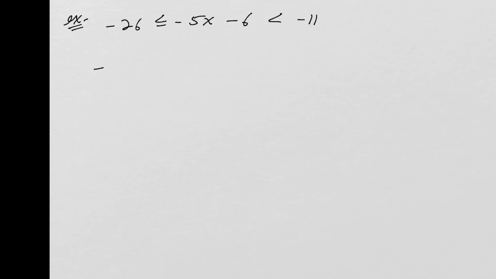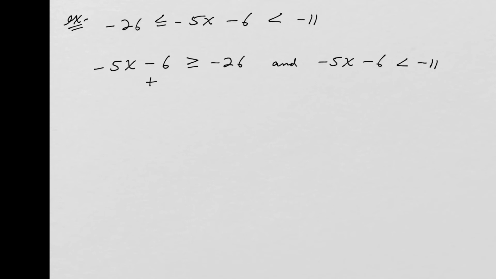You could say I have the fact that -5x - 6 is greater than or equal to -26, and -5x - 6 is less than -11. So it's like two, right? I can solve those two inequalities and then put them together at the end.